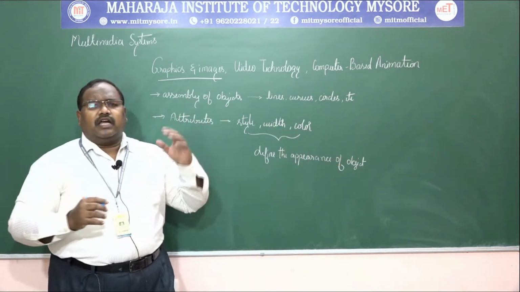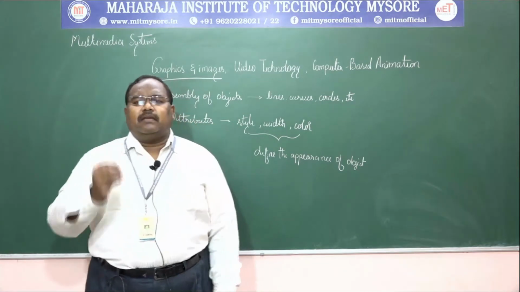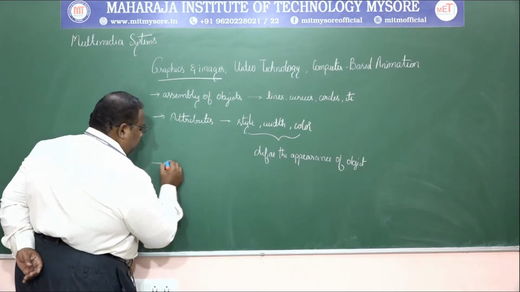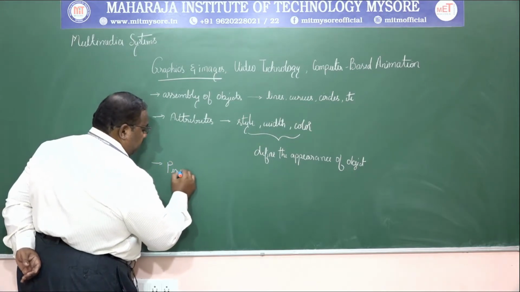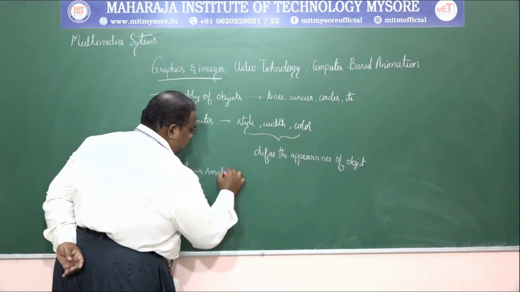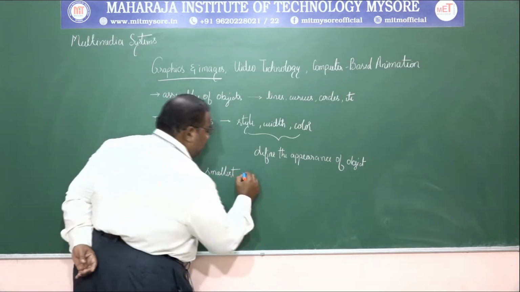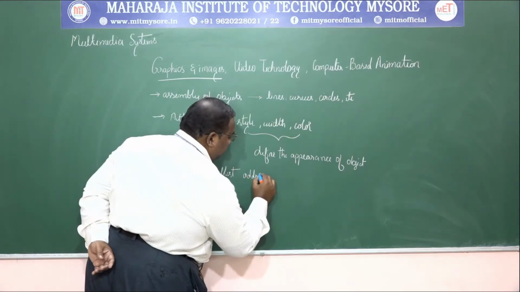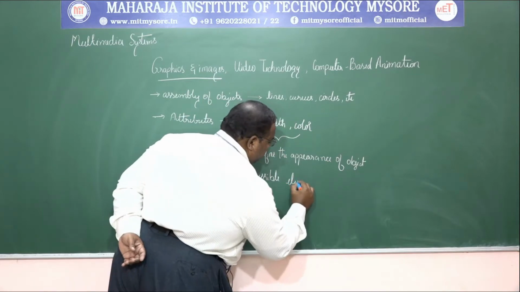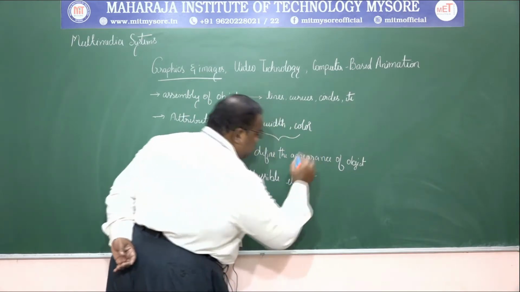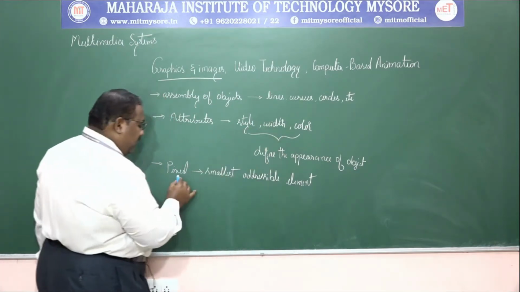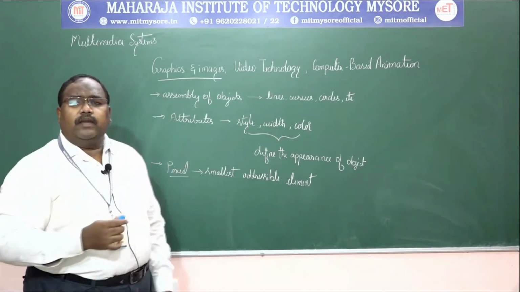When we talk about graphics, the smallest addressable element of an image is said to be a pixel. Thus we should not forget, what do you mean by a pixel? The smallest addressable element of an image is said to be a pixel.